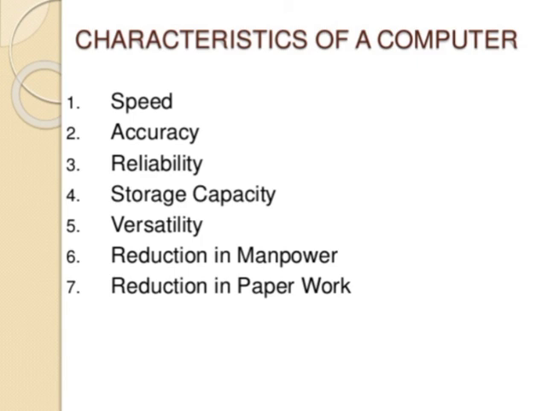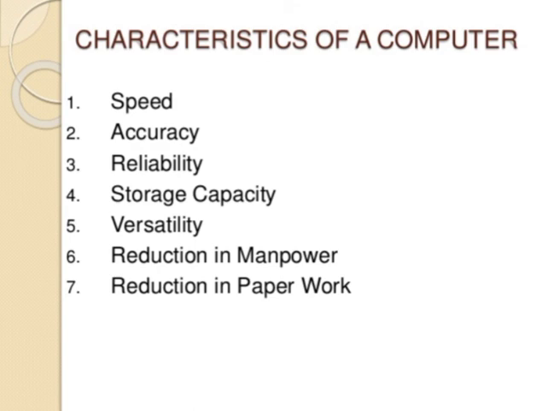So the last characteristic is reduction in paperwork. If you are writing a letter or doing something, with the help of a computer you can reduce the paperwork, and in place of paper you can convert your work into a soft copy. So this is also a characteristic of a computer.